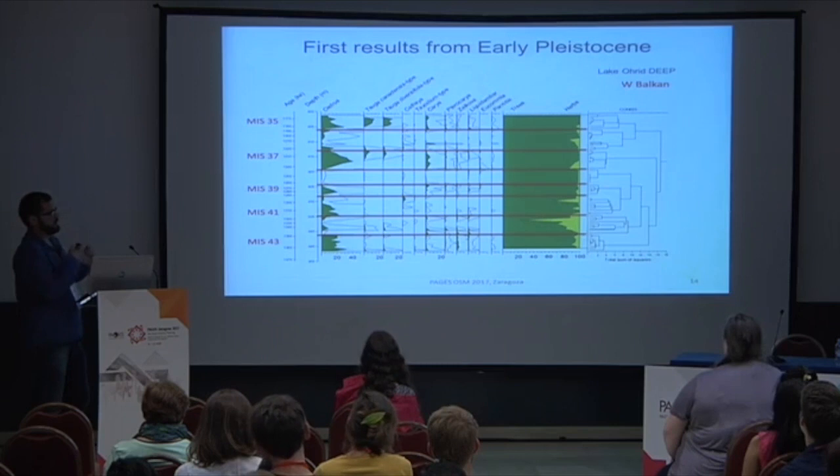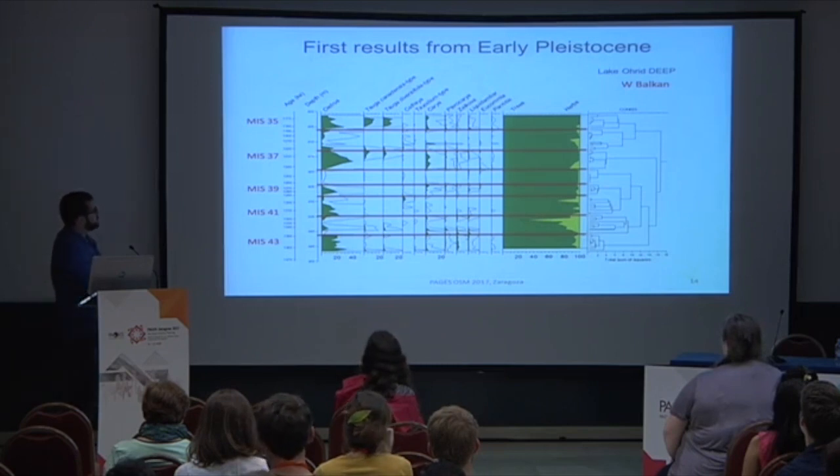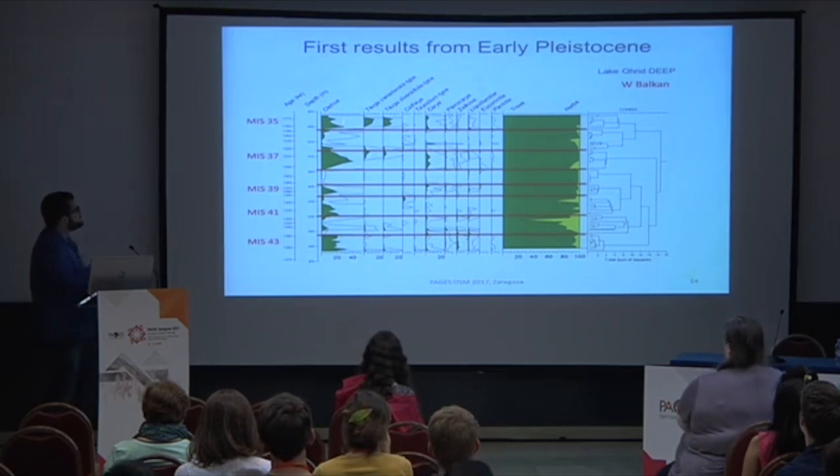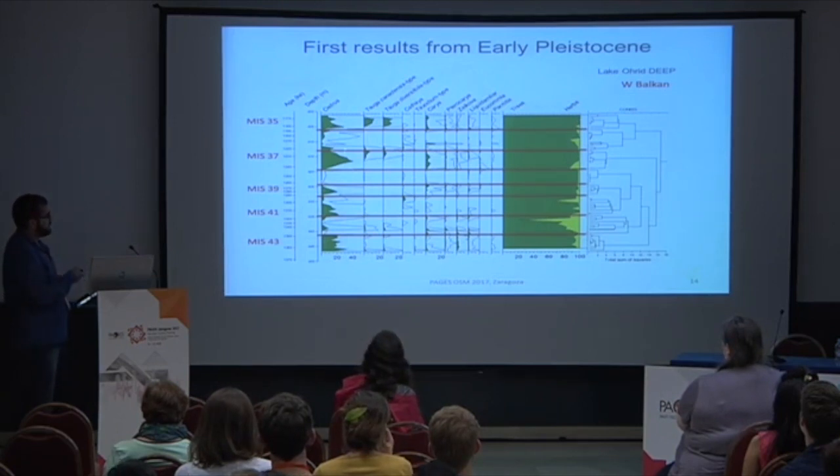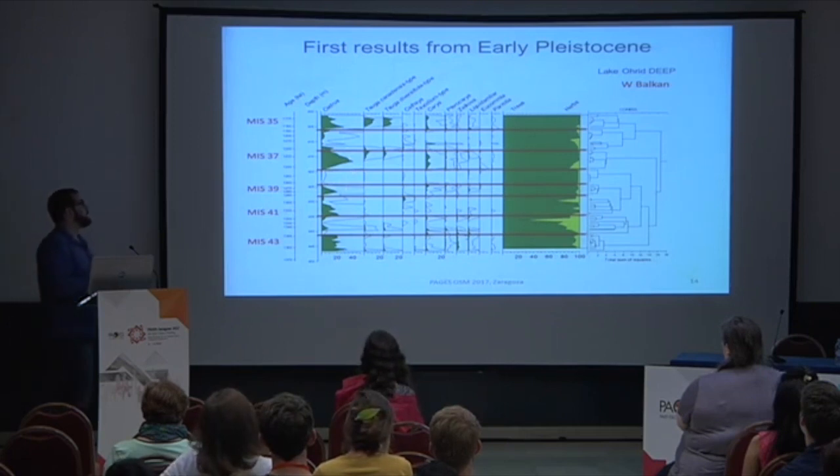So summarizing this together, this is what we have at Lake Ohrid. You can see cedars were really an important component of the vegetation, reaching almost 40% in MIS 37.